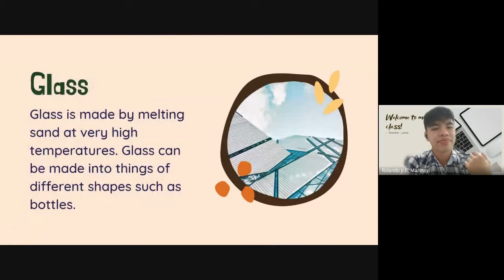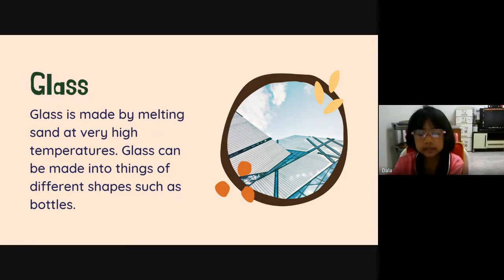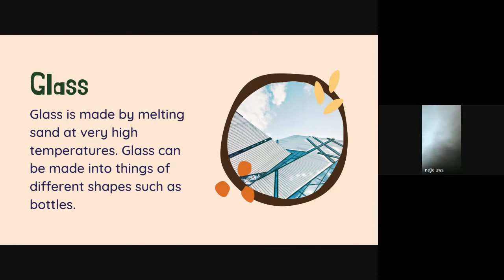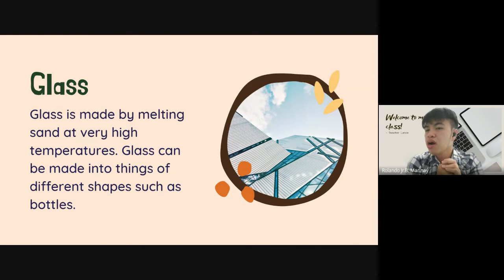What's this? Glass. Very good. Glass, kids, is made by melting sand. Glass is made from sand melted at a very high temperature, which means it's very hot.